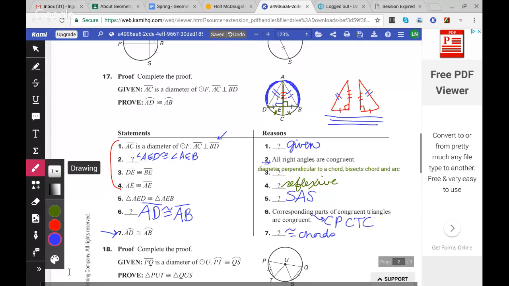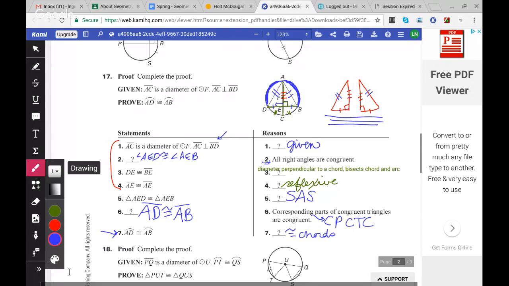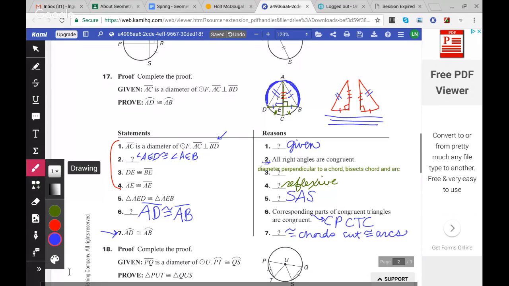Remember my two ninja knives and I was cutting my pie? Congruent chords cut congruent arcs. Yeah, arcs. Congruent chords cut congruent arcs.